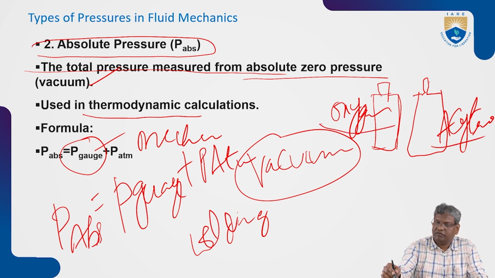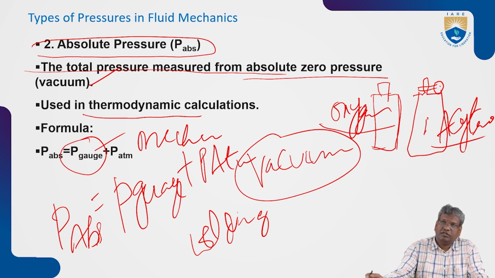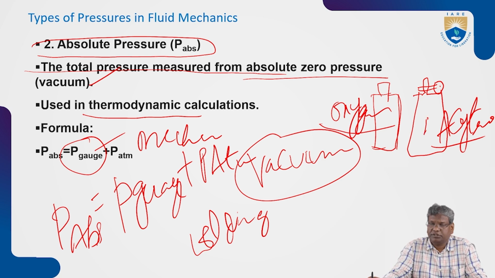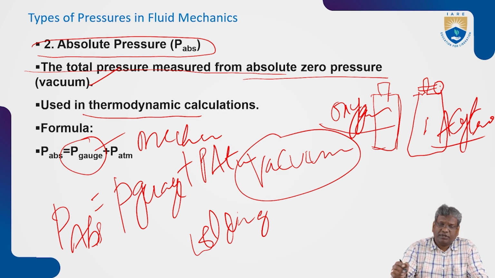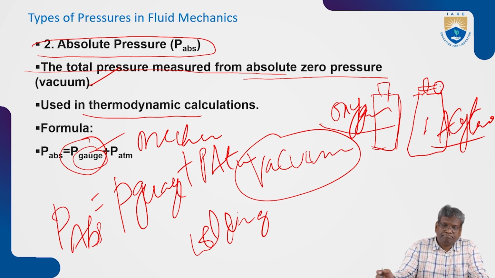On the top of each cylinder there is one pressure gauge, which is used to measure the pressure inside the cylinder. What is the pressure of acetylene? What is the pressure of oxygen? Similarly, pressure gauges, mechanical gauges. By using gauges, we call it gauge pressure.